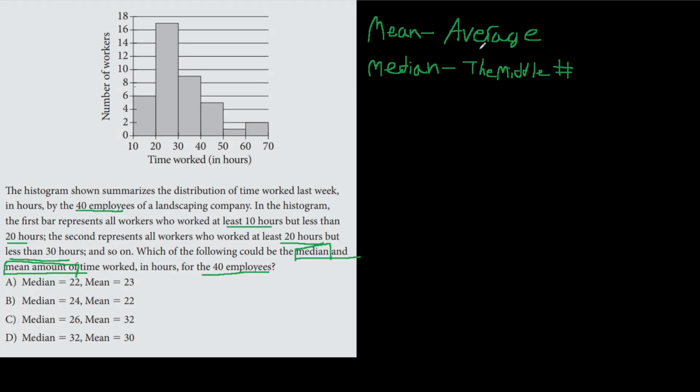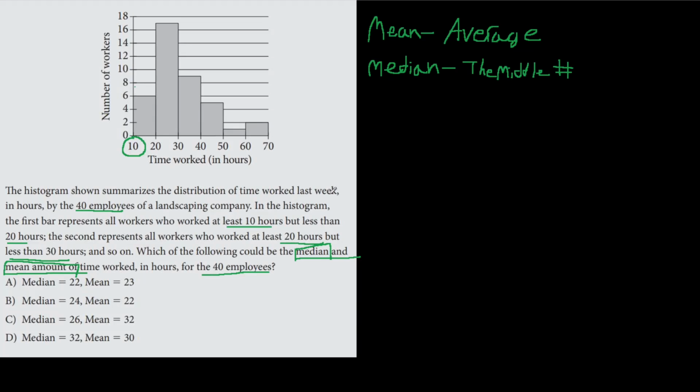So how would we find the average? Here you have a choice to pick. Remember this is a possible average, because they could have worked any amount of hours in between these two, but because we know this bar right here can be 10, but it can't be 20, we're just going to go with 10. So we know that 6 people worked for 10 hours.